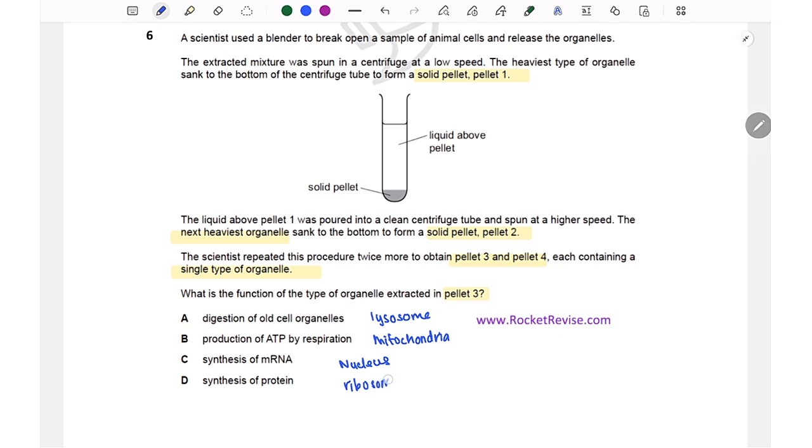Now that we know what these functions are for, we can also know that heaviest at the bottom is going to be nucleus. And then you would have what's heaviest is nucleus, and then you'd have mitochondria, and then eventually you'd have the lysosome and then the ribosome.